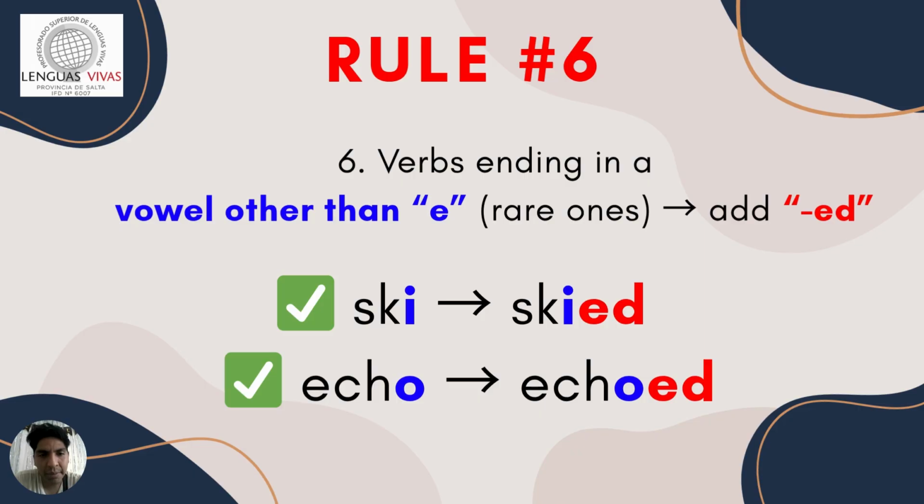By the way, verbs that follow this sixth rule are rare, and there are very few verbs that follow this rule. So let's read the examples. Ski changes into skied, and the verb echo changes into echoed.